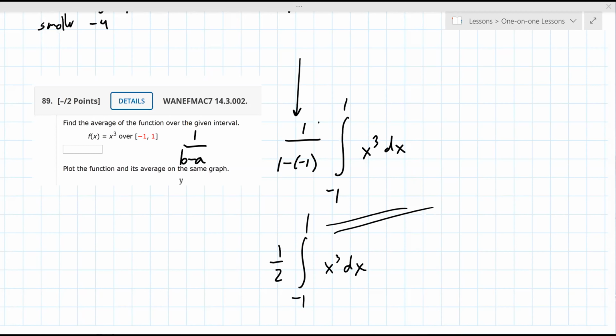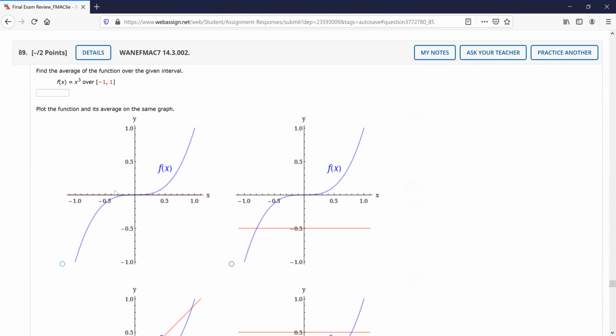Then let me share my screen here because I want you to see the important part of this. It should be 0. What should be 0? The average value. Oh, yeah. Do you think it's because I multiplied it by 1/2 at the end? No, because this inner part is 0.